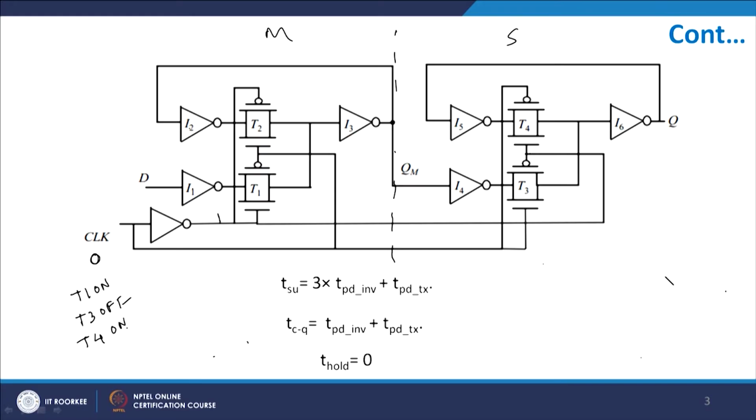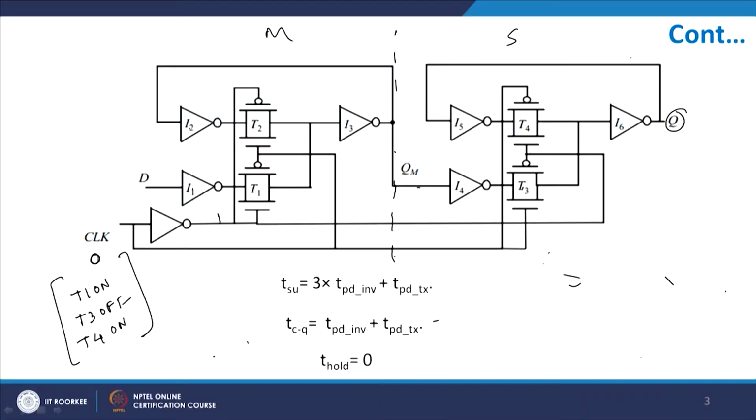So T4 will be on under the case clock equals 0. When T4 is on and T3 is off, any data coming from QM will not be sampled by T3, and therefore T3 is in a cutoff situation. As a result, whatever data is at Q will be reinforced here and Q will have its original value. So this is what we have understood when clock equals 0.